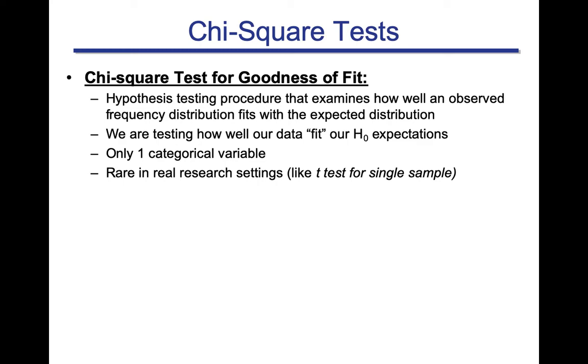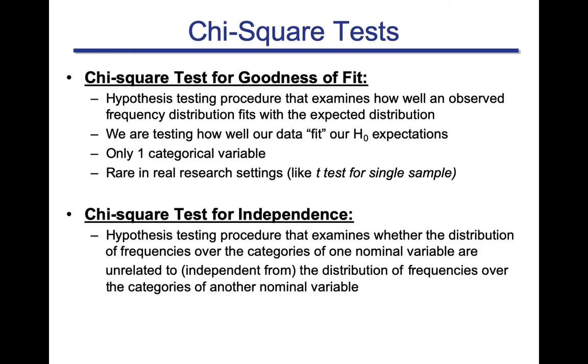So much like a one sample t-test, this is fairly rare in real research settings, but every now and then you will encounter it in professional practice, so it's worth learning. It also sets the basis for learning about the chi-square test for independence.